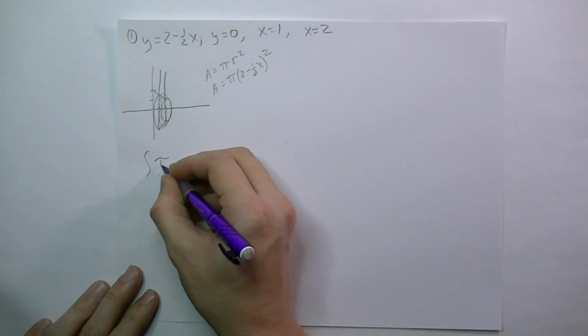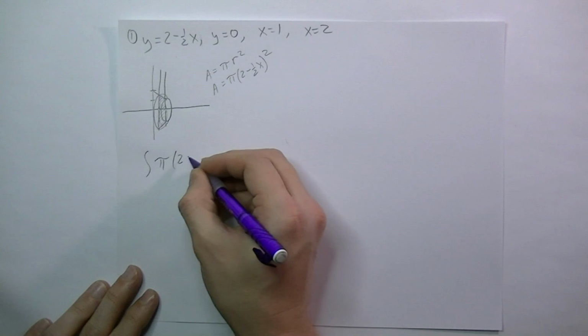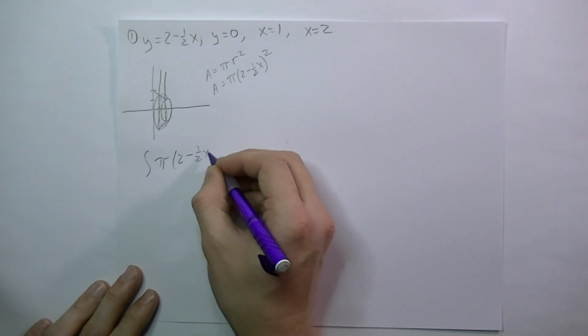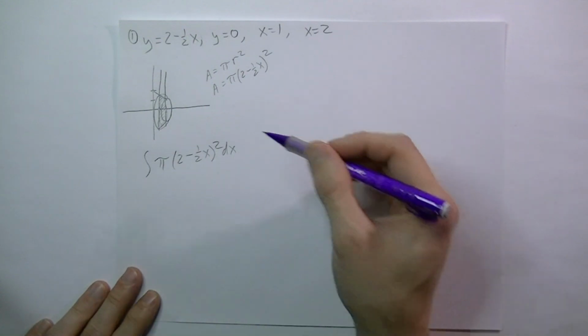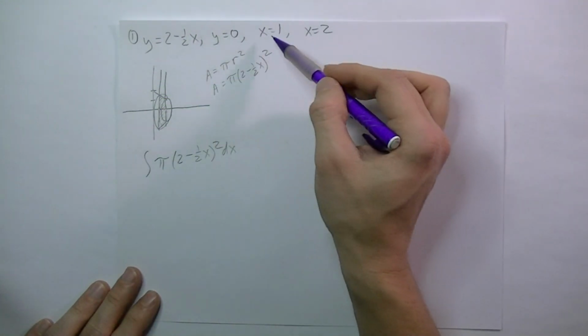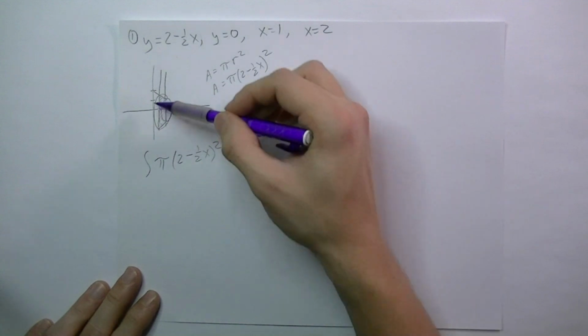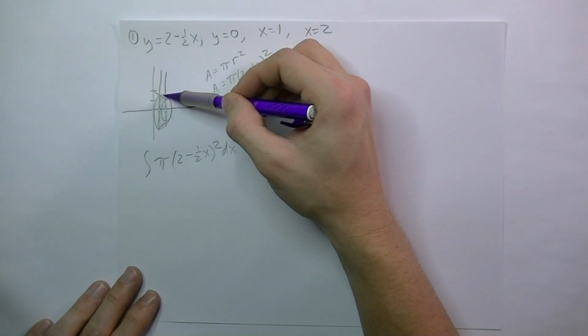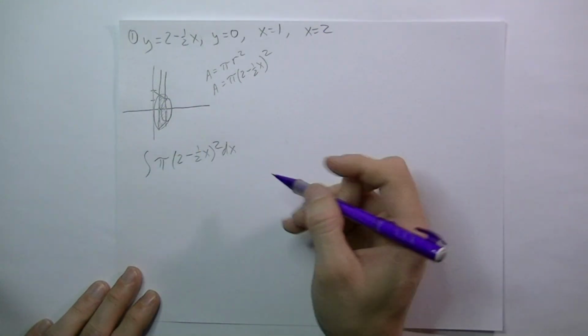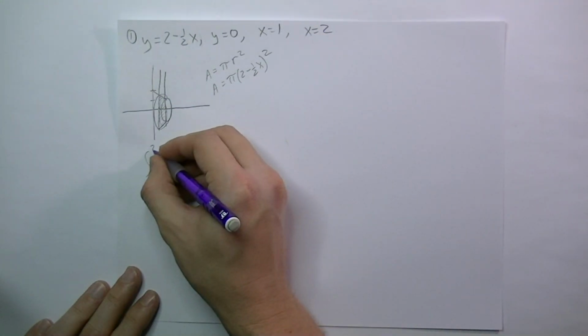So this is what I'm going to be integrating. It's the area of one of the disks, with respect to x, and the lines x equals 1 and x equals 2 are my bounds. That's how far I'm going to go: I'm going to start at 1 and integrate all the way up to 2. Okay, so starting at 1 and going to 2.